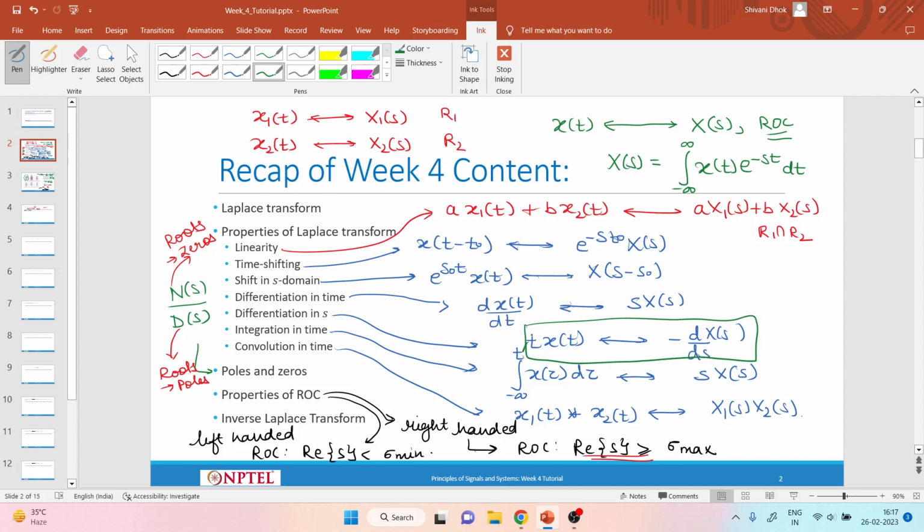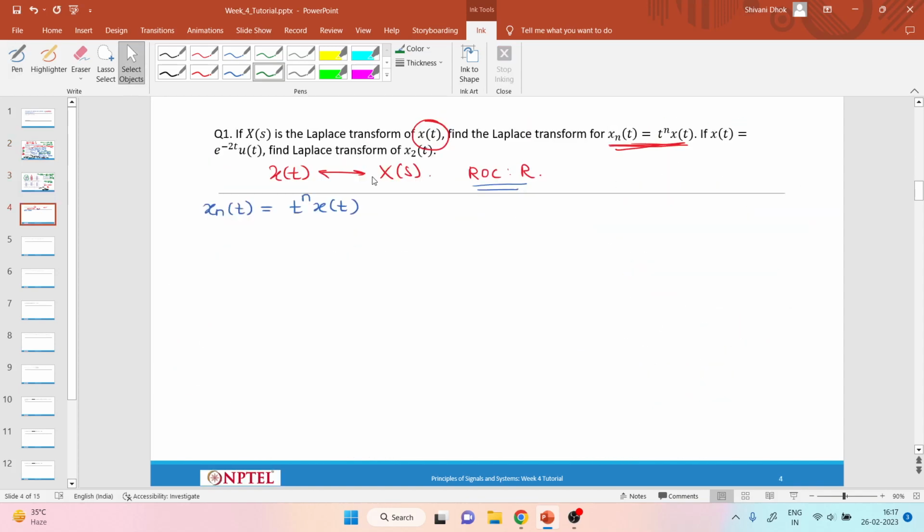Now if we look at this property here, what do we have? t times x(t) has a Laplace transform of minus d/ds of X(s). So we'll use the property of differentiation in the Laplace domain or s domain, which says that t x(t) has a Laplace transform of minus d/ds X(s).